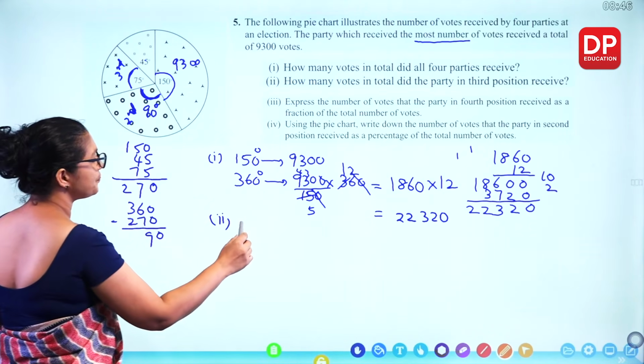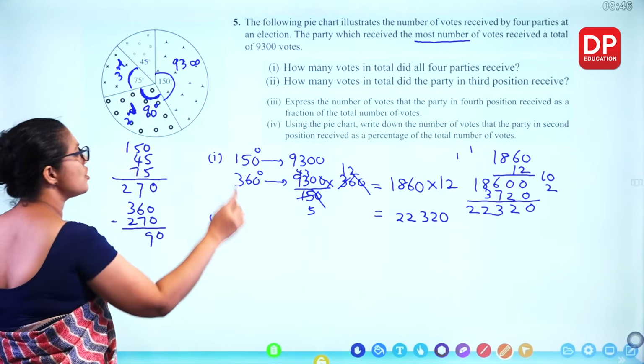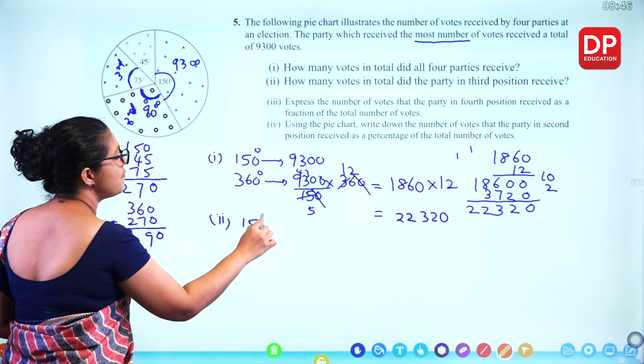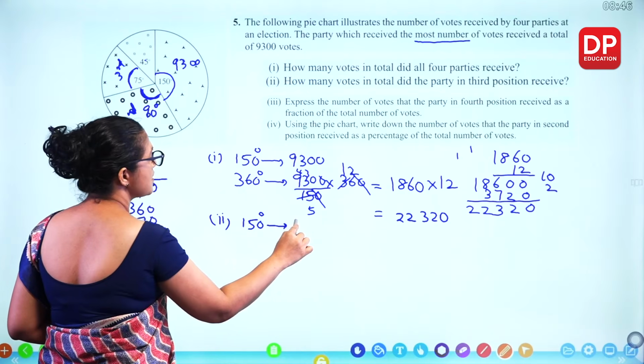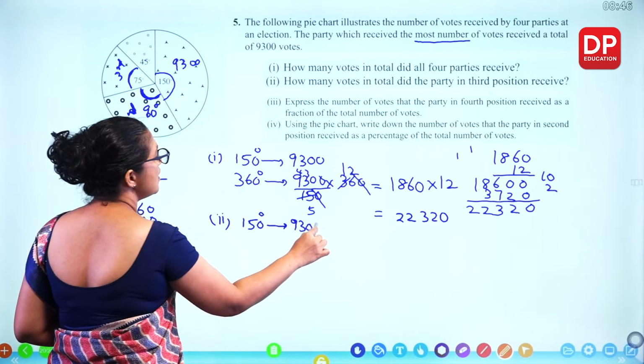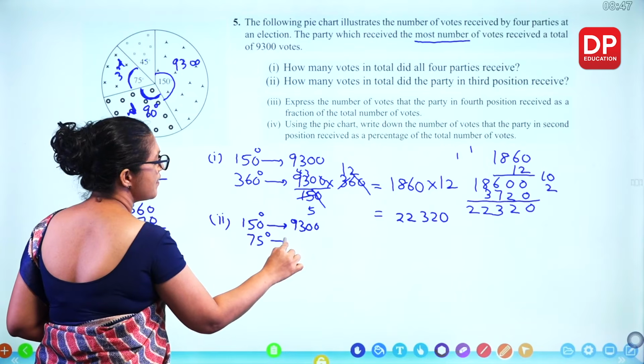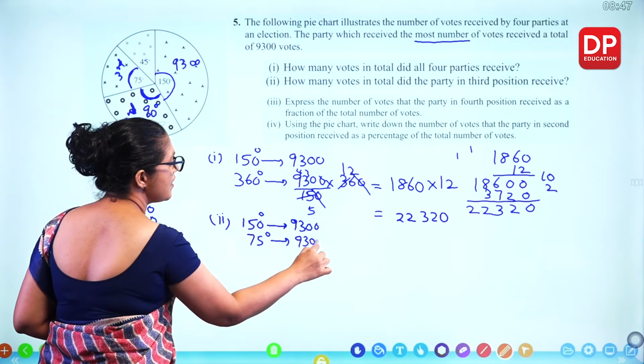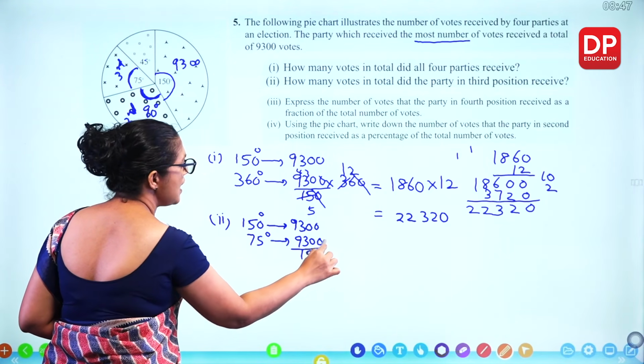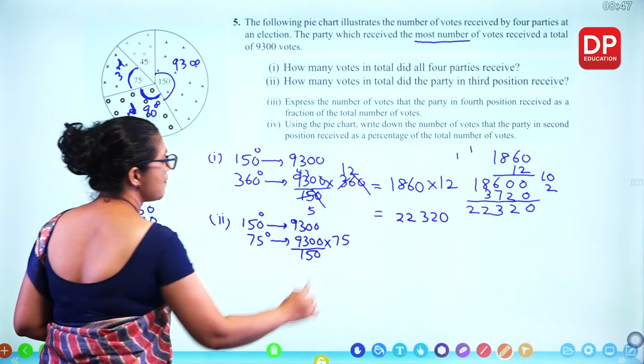Altogether, from this information we know a 150 degree angle represents 9,300. What about 75 degrees? So 9,300 divided by 150 multiplied by 75.